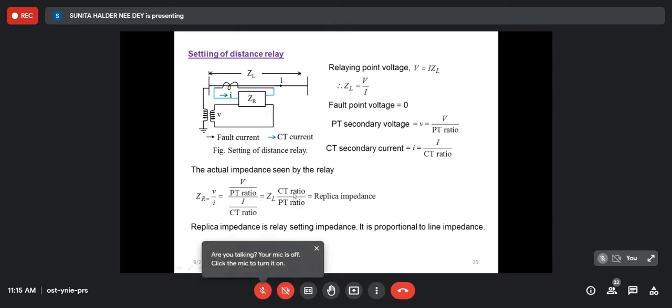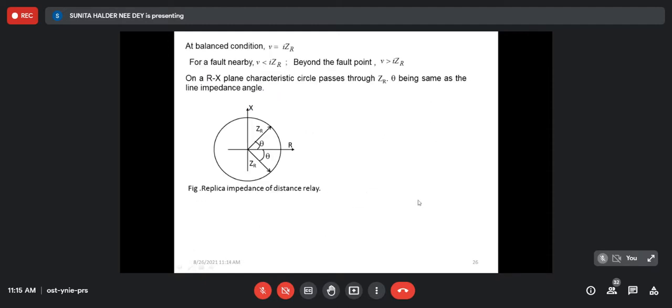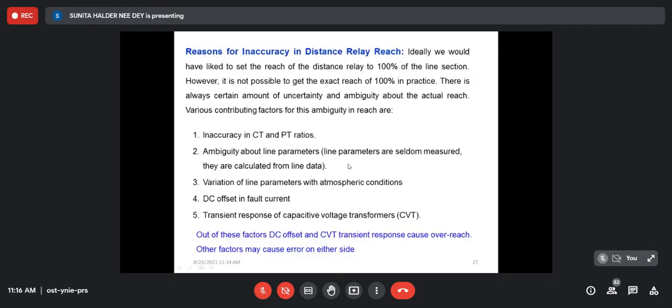Obviously this CT by PT ratio must be the same throughout operating conditions, so that there is a direct relationship between the line impedance and the relay impedance. I have discussed that repeatedly. Under balanced condition V equals IZ. Under fault condition, V is less than IZ, and beyond the fault, V is greater than IZ. In that way we can find out the relay characteristics.